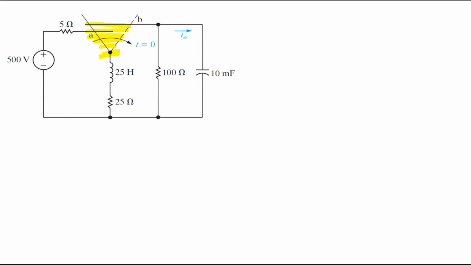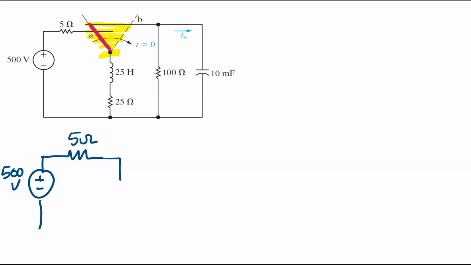So before zero, the switch is at A, so this is what we have before zero. So I can draw my circuit in this form. I have the 500 volt voltage source connected to this 5 ohm resistor, and then I have the inductor and the other resistor connected in series all together.